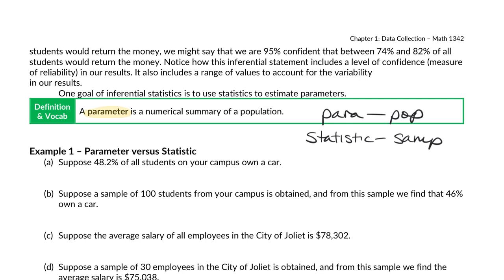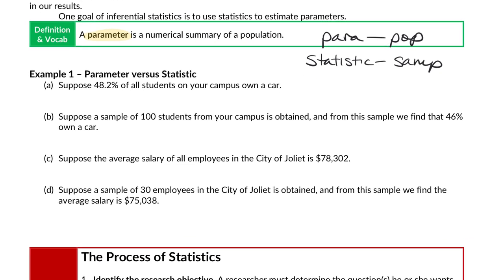Okay, so let's just make sure we actually do see the difference between parameter versus statistic. Is the following statement a parameter or a statistic? 48.2% of all students on your campus own a car. Is that a parameter or a statistic? Are we dealing with the entire population or a subset?